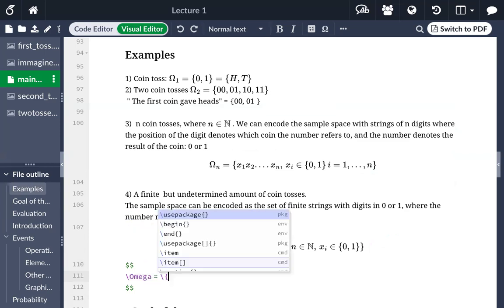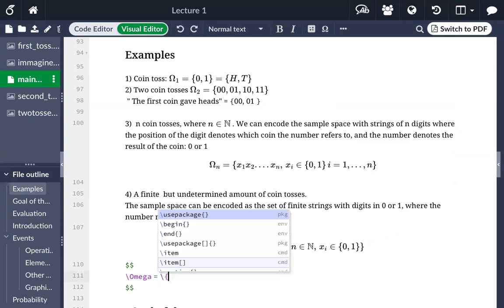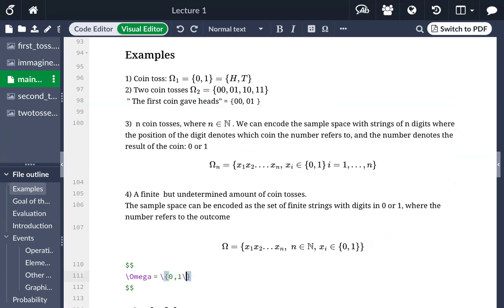If there is only one coin toss, it can be 0 or 1. Then if there are two coin tosses, it can be 00, 01, 10, 11.